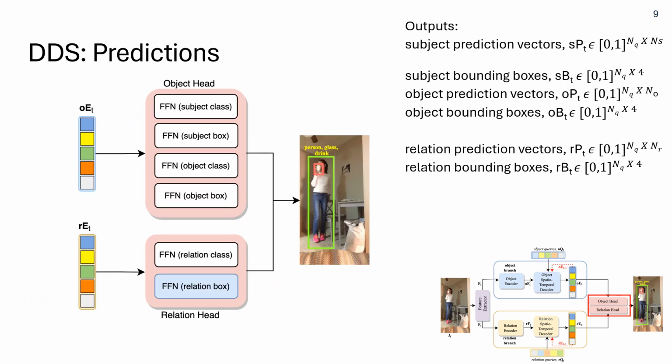Finally, we utilize the feed-forward networks, presented as FFN in the slide, to predict subject class, subject bounding box, object class, object bounding box, relationship class, and relationship bounding box. The object head takes the learned query from the object branch as input, and the relationship head takes the learned query from the relationship branch.